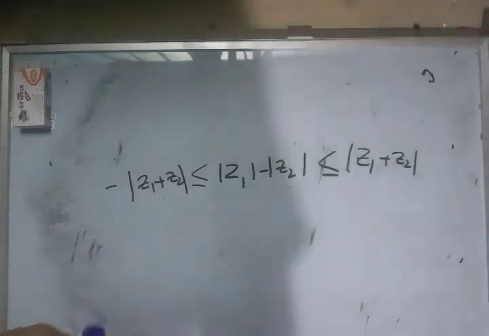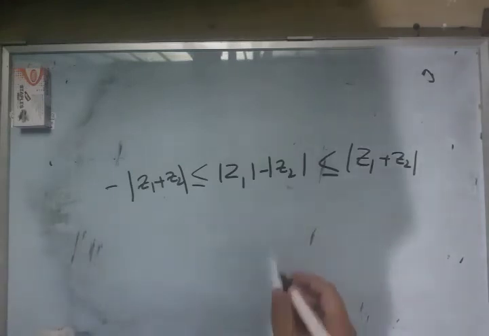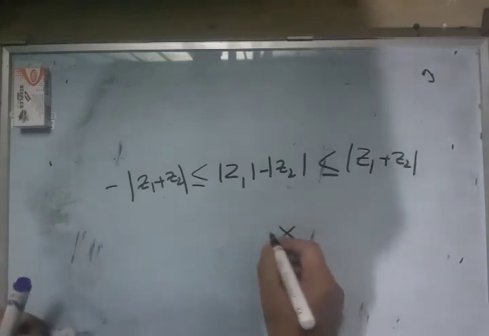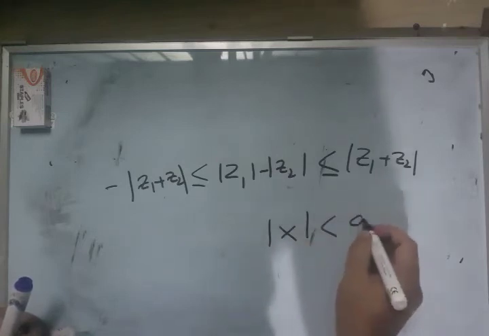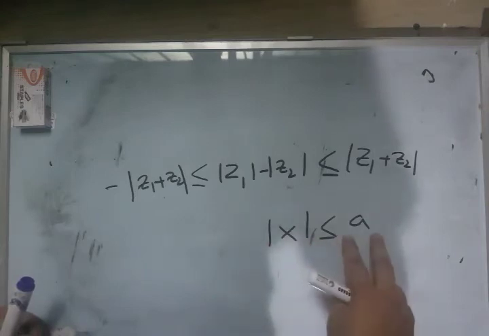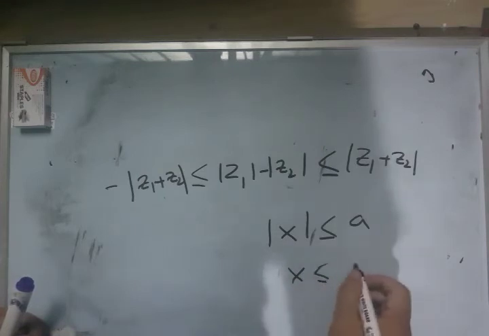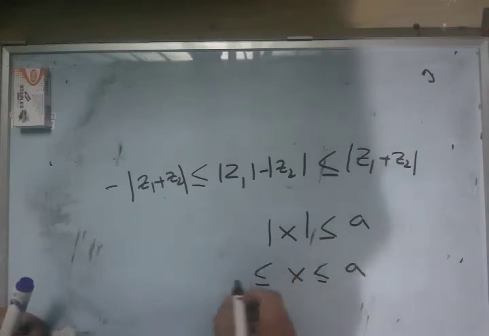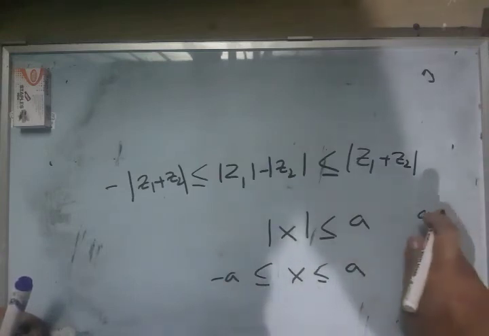Okay. As you can remember, when we're dealing with inequalities of modulus signs, if the modulus of a number x is less than a, which means x, or this number, should lie between plus a and minus a, provided that a is positive.